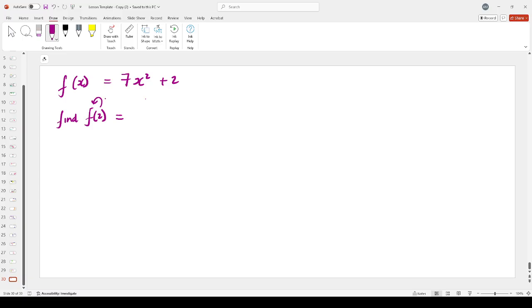Anyone else? Basically, you just substitute 2 into this formula. Is that okay?